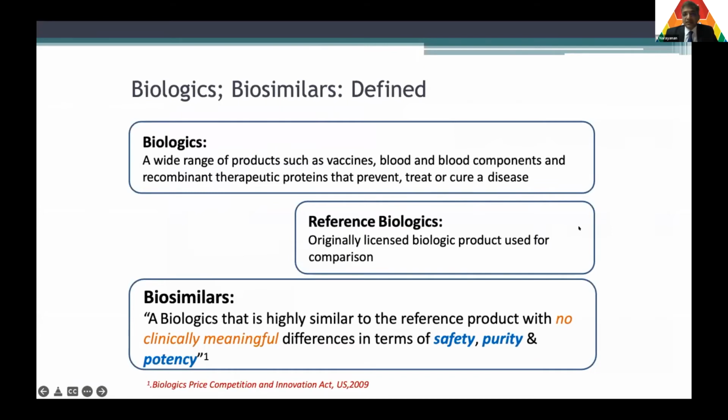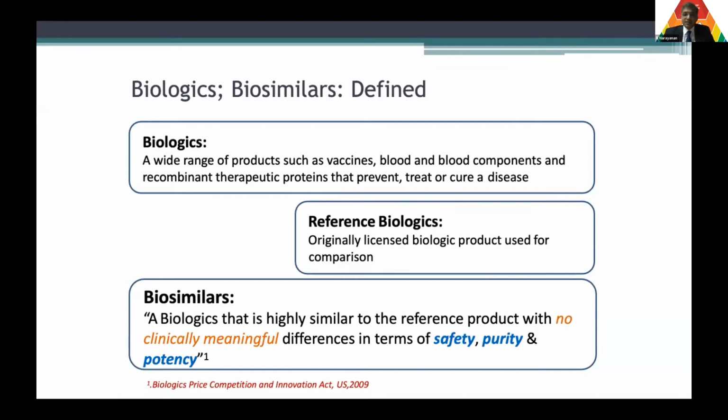And the reference biologic is what we also know as the innovator molecule. So what are biosimilars? Biosimilars are highly similar to the original reference product, or what we call the innovator molecule, with no clinically meaningful difference.